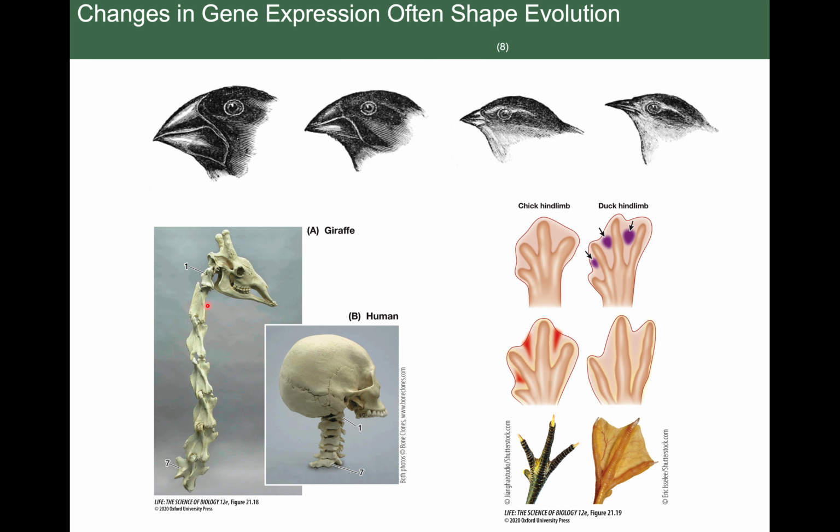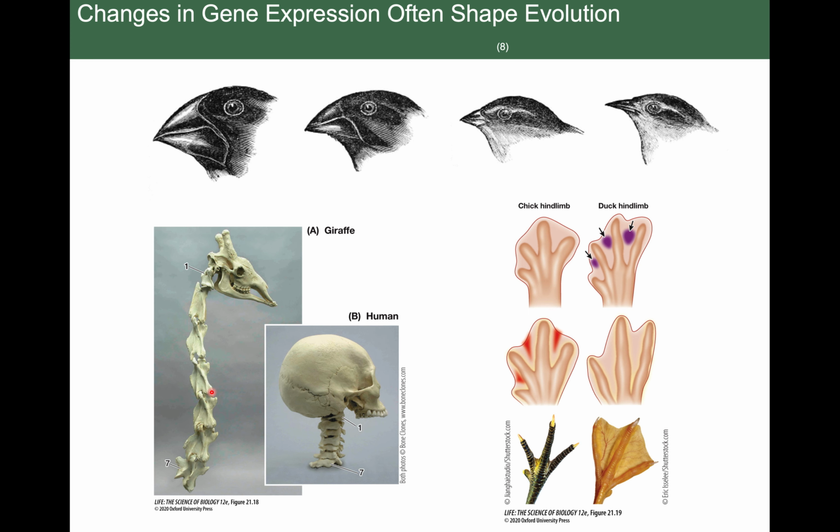We have basically the same number of vertebrae in the neck between giraffes and humans. Of course, the giraffe's neck is much longer because, as we can see here, the vertebrae themselves are much longer. In the human neck, we've got these very thin vertebrae compared to these long bones in the giraffe neck.